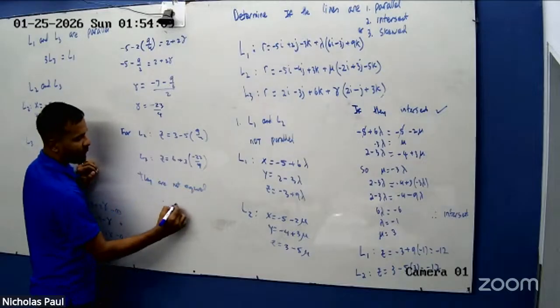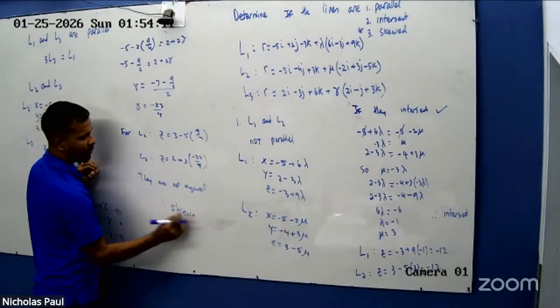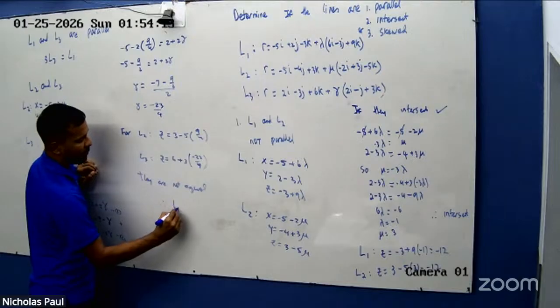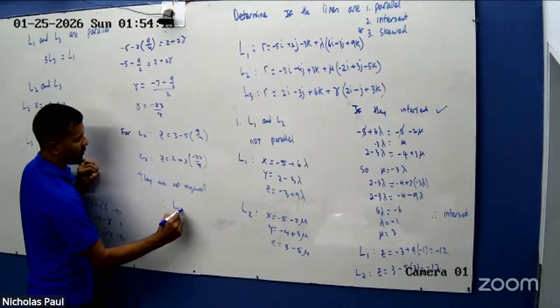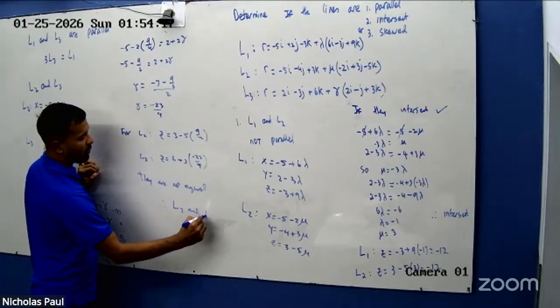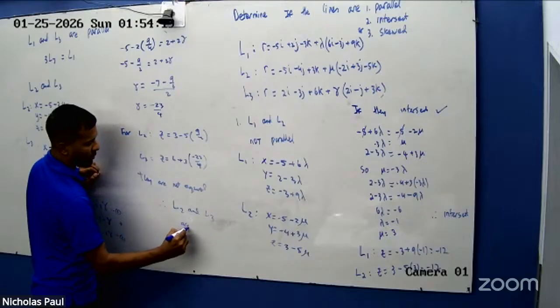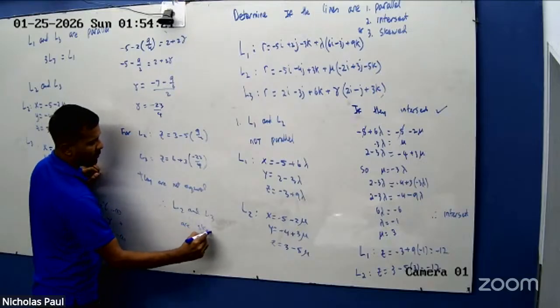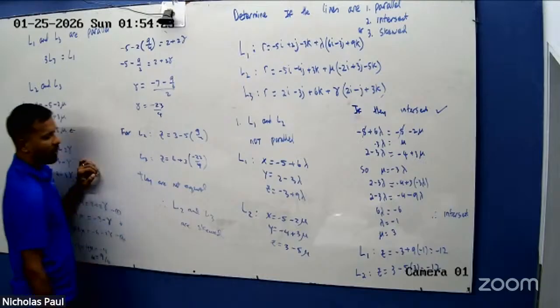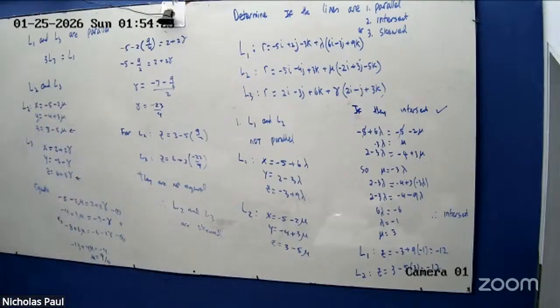Therefore, skew. L2 and L3 are skew. Are you okay with that? I know it's a little bit long, but these are the questions that will come.